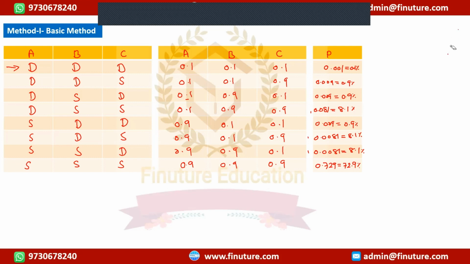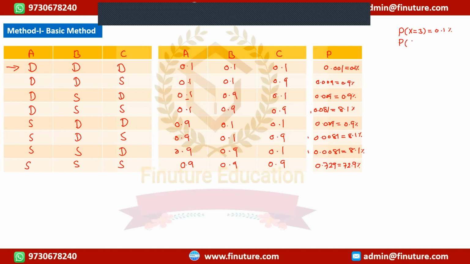Let me just write for the sake of simplicity and just to give you a sense of binomial distribution also. Probability that your 3 bonds default is 0.1%.